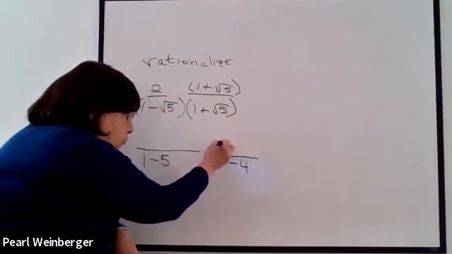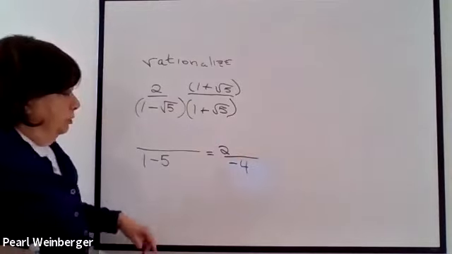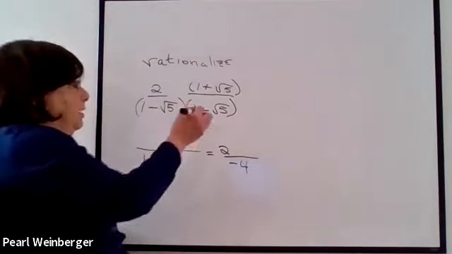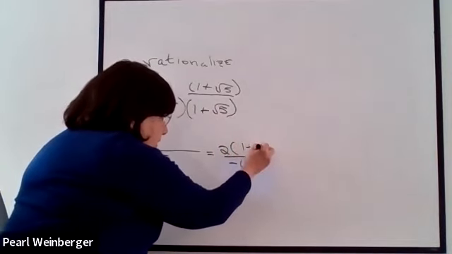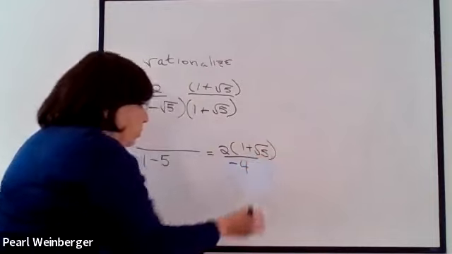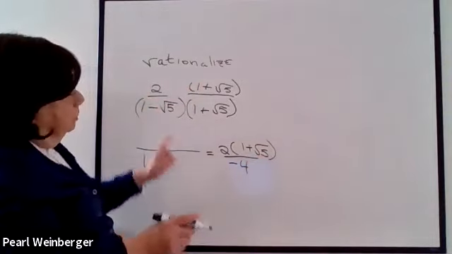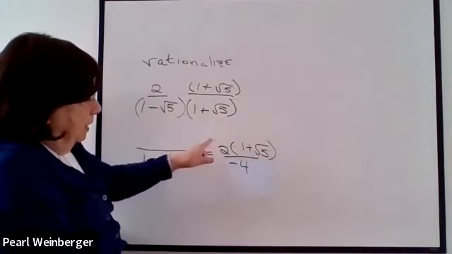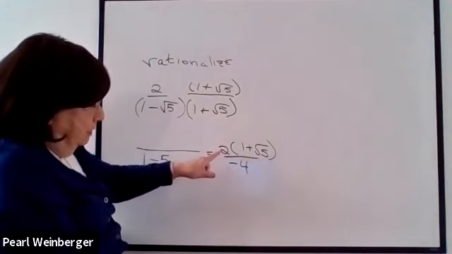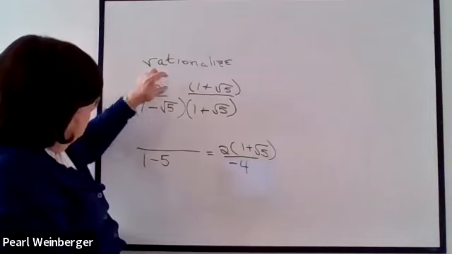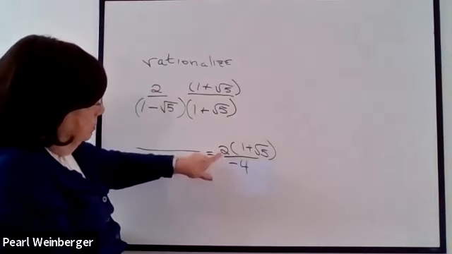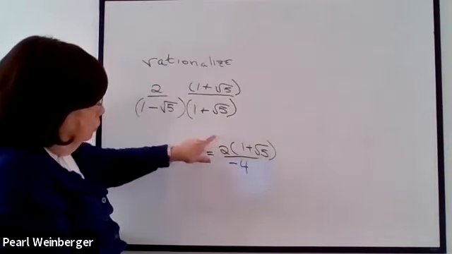What is the numerator? Well, there are 2 ways I can write the numerator. I could write it as 2 parentheses 1 radical 5. Or I could use distributive property. Actually, this is better, the outside times the inside, because then I can see if I can reduce.